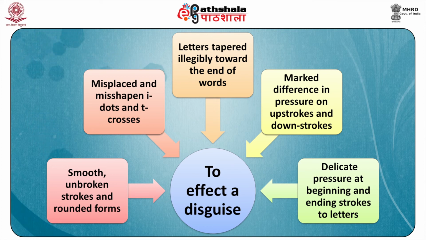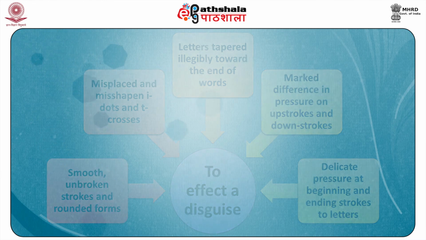Number 3, letters tapered illegibly towards the end of words. Number 4, marked differences in pressure on upstrokes and downstrokes. Number 5, delicate pressure at beginning and ending strokes of letters.